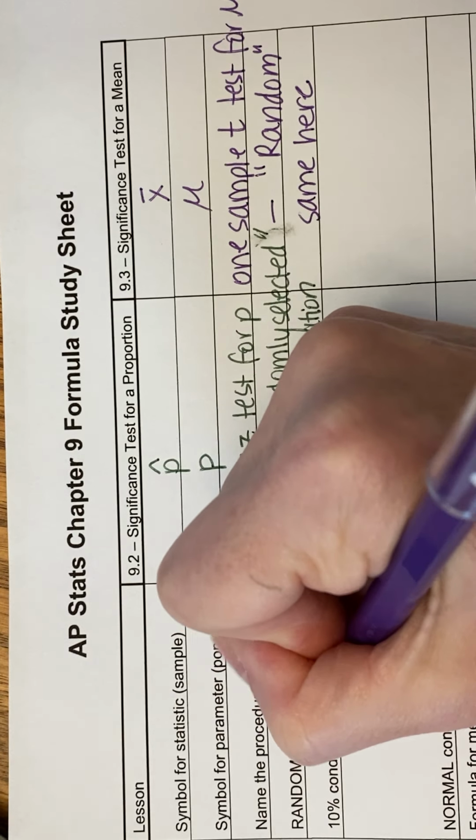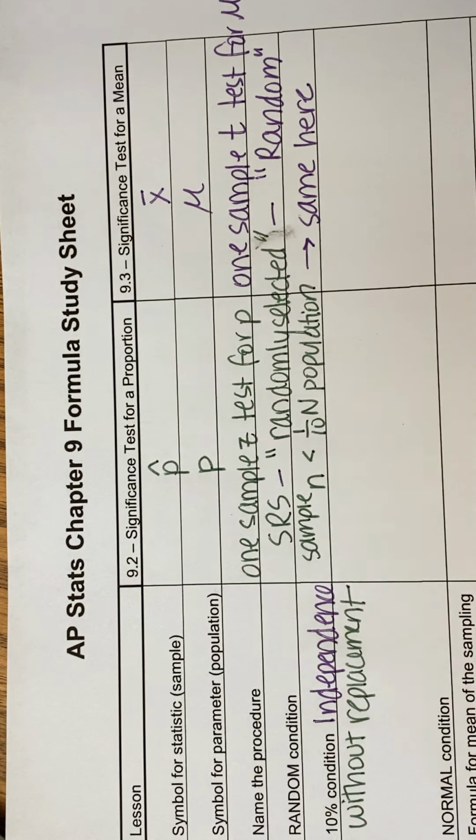We have to check the 10% condition if we are sampling without replacement. And be sure when you are checking these conditions, you put a check mark or something so the reader knows that you have verified the condition, and then back up the reason you verified it in a sentence or by showing that the sample size is less than 1/10 of the whole population.